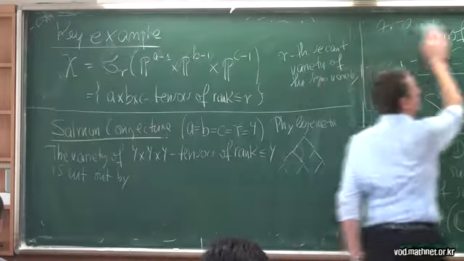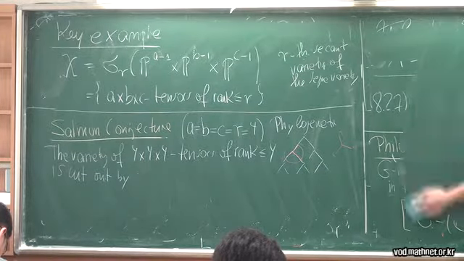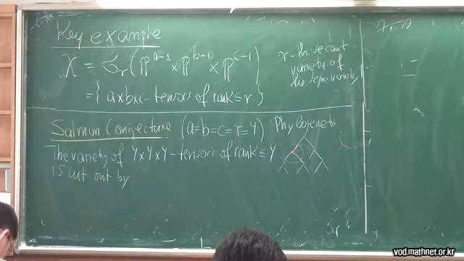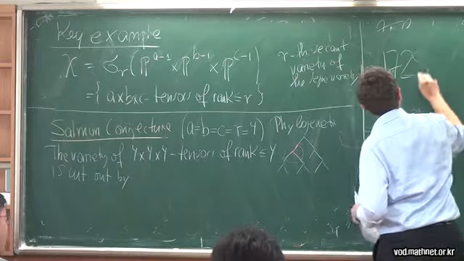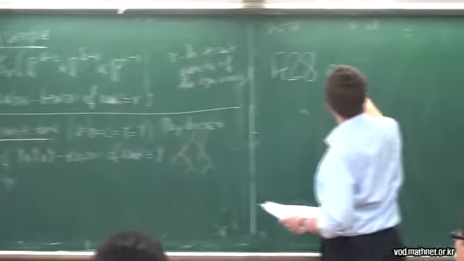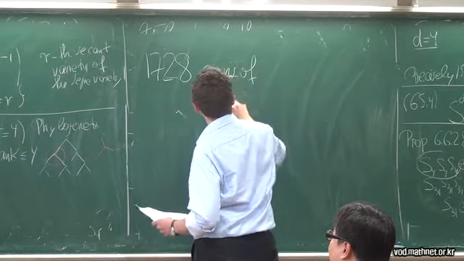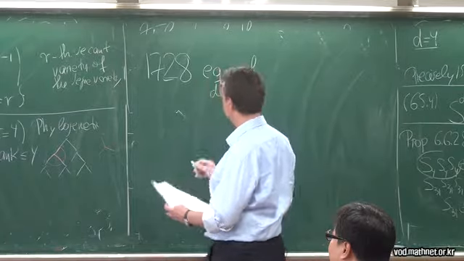State this here. Okay, it's cut out by 1,728 equations of degree 5. It's a theorem now, in this form.